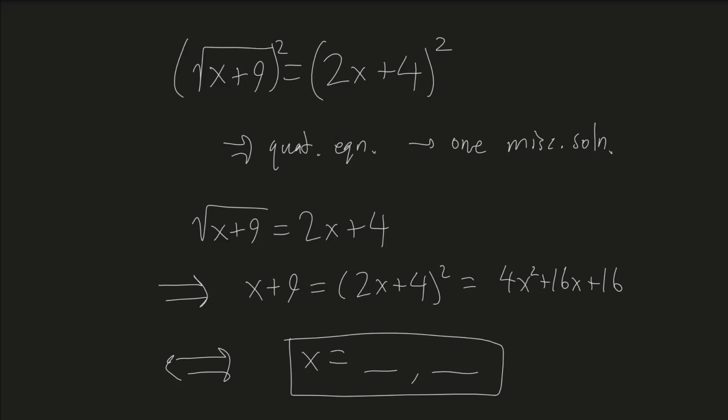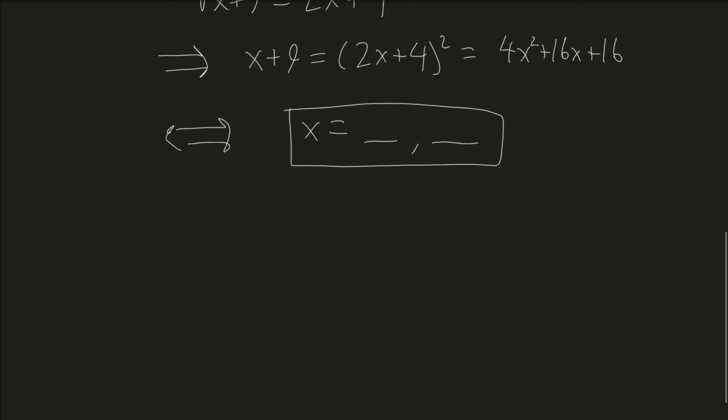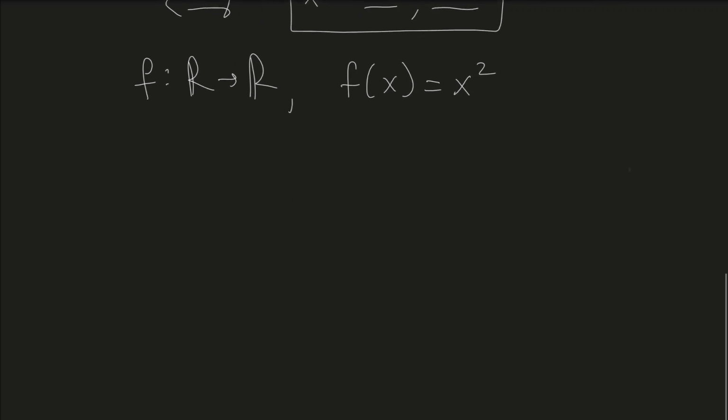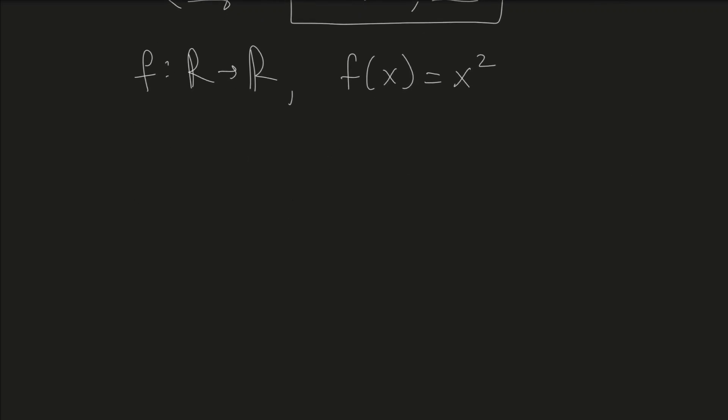Okay, what exactly makes x squared not invertible? Our function is f from the reals to the reals, and what it does is it takes x to x squared. Now we can graph this, and we get something that looks like this, more or less.